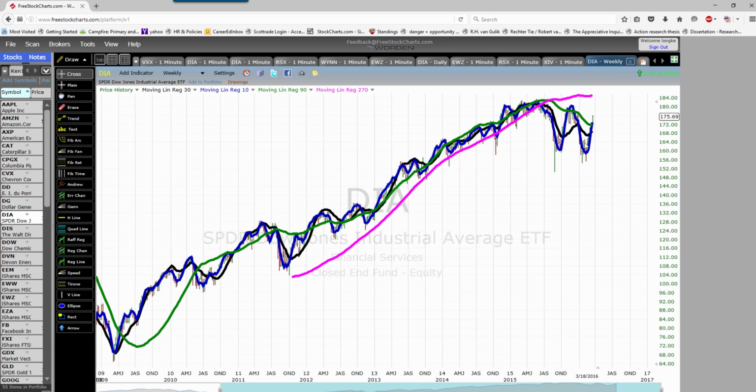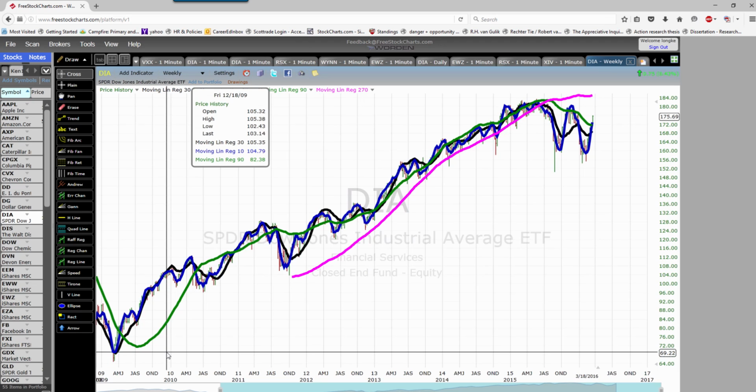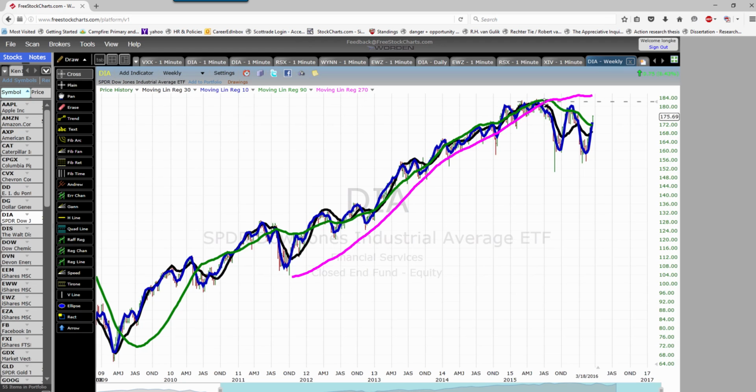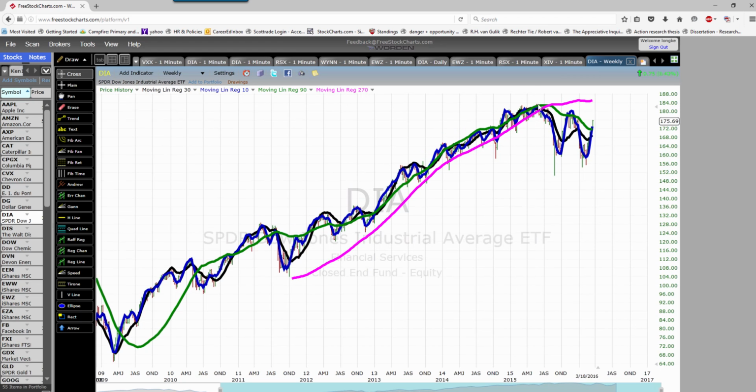The activities of the last 2 years have really put into question this long-term gain all the way from 2009, when the price was at 70 in the Dow, in DIA, and has moved to 180, almost a 200% gain. And so one shock and recovery, second shock and recovery is enough just to slow down that longer term impression.